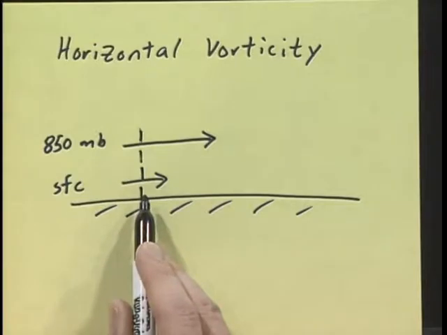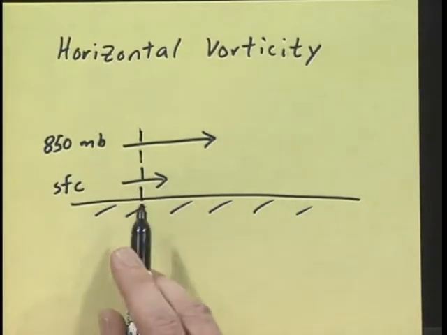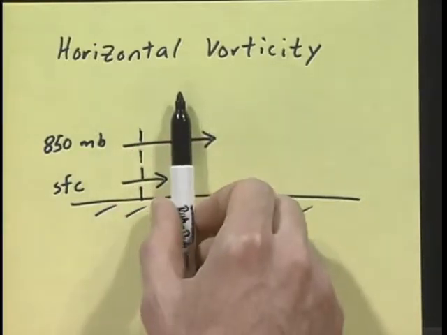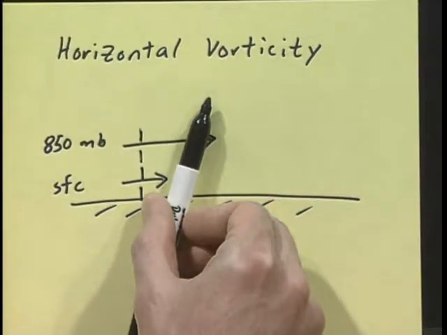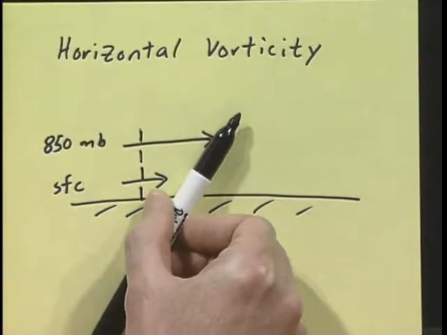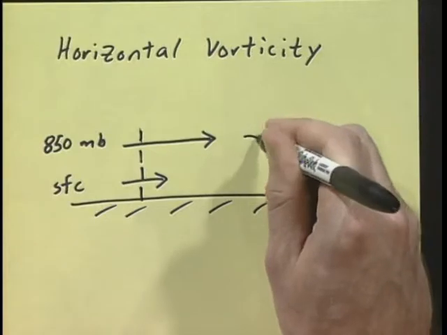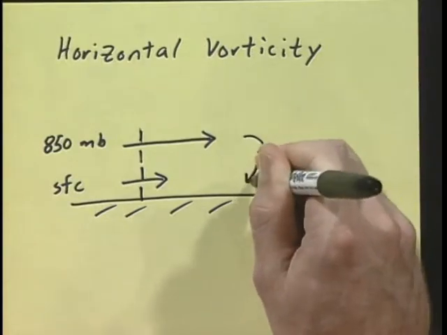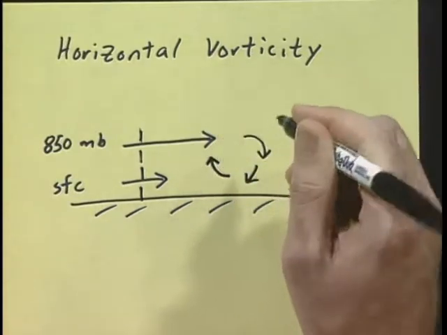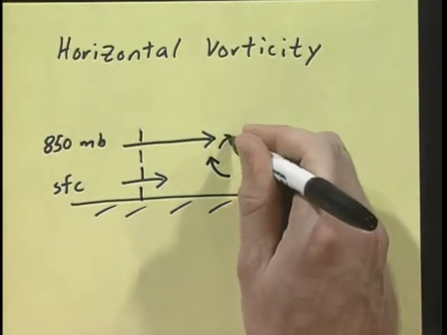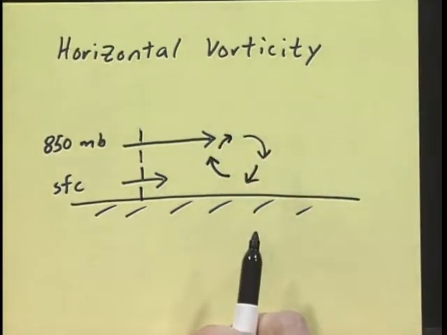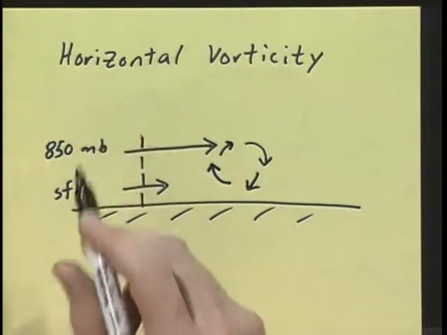The bottom portion of the line segment is experiencing weaker winds. So over time, that line segment is going to rotate this way. So you're going to generate a twisting motion. Anytime you generate a twisting motion, you generate vorticity. In this situation, it's horizontal vorticity.